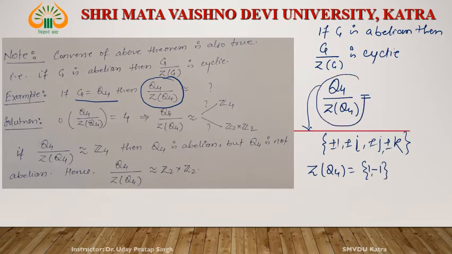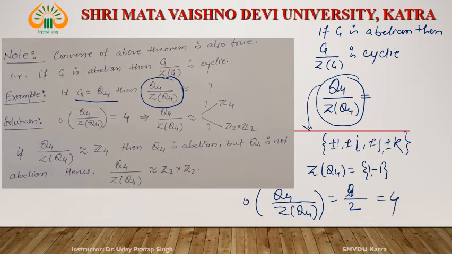Then what is Q4/Z(Q4)? What is the order of Q4? 8. What is the order of Z(Q4)? 2. Then the order of Q4/Z(Q4) is 8 by 2, which is equal to 4.